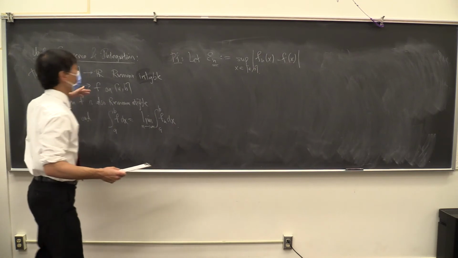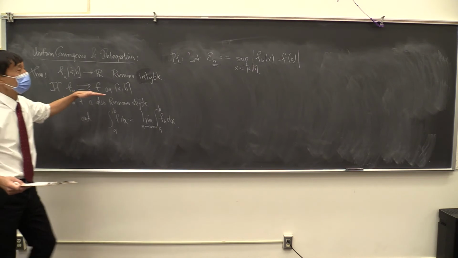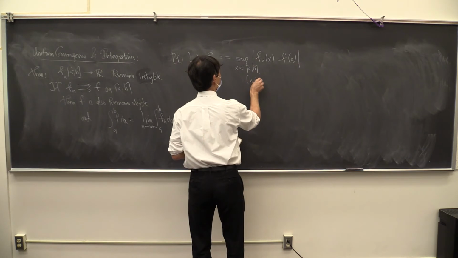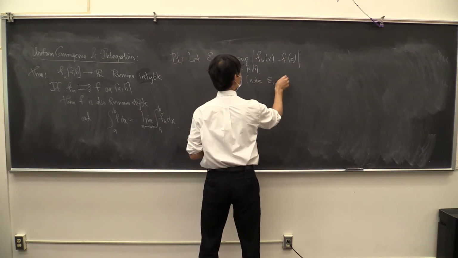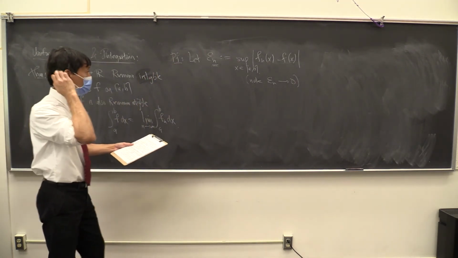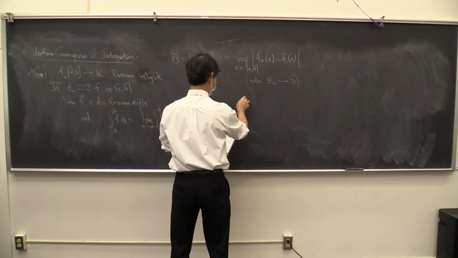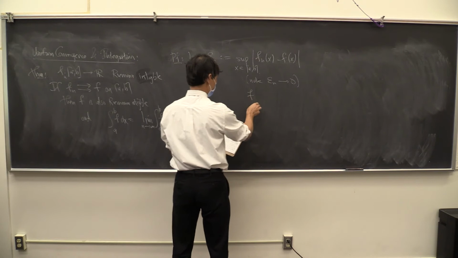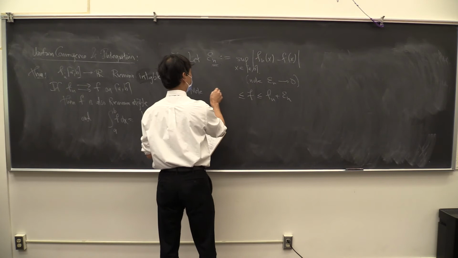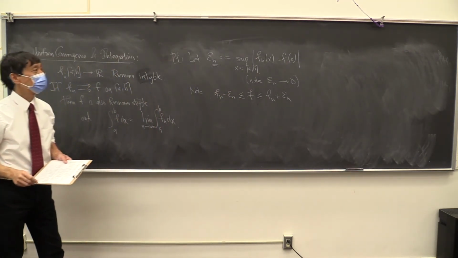And we know that these are uniformly convergent, and so the epsilon sub n's go to 0. Also note that f is trapped between f sub n plus epsilon sub n, and f sub n minus epsilon sub n.